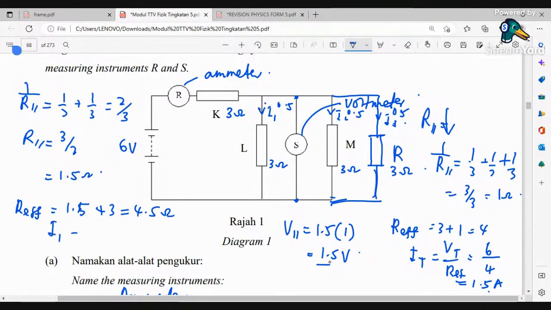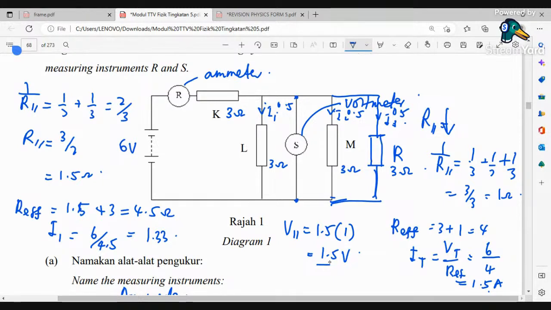Total current equals 6 divided by 4.5. We have current 1.33. Okay, so 1.33 passes through.